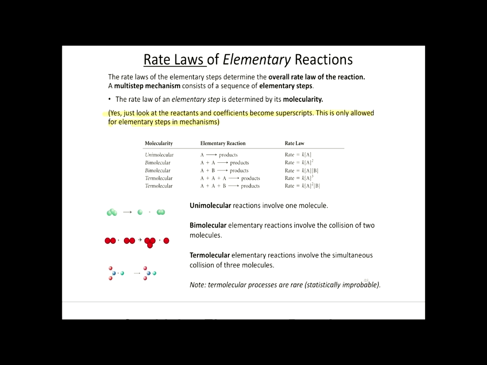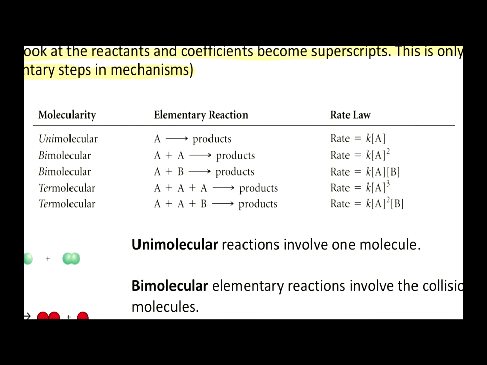So here's an example. If I give you a step in a reaction mechanism, the rate law for that step is just equal to whatever the concentration of the reactants are. So in this step where it's unimolecular, there's only one reactant, the rate law is simply A to the first order.